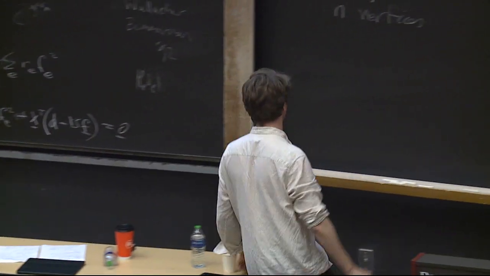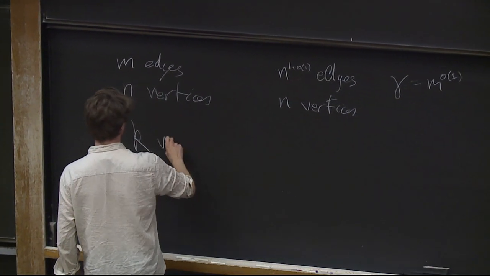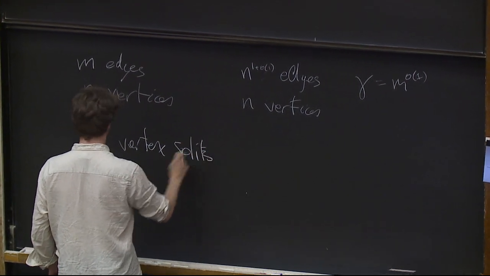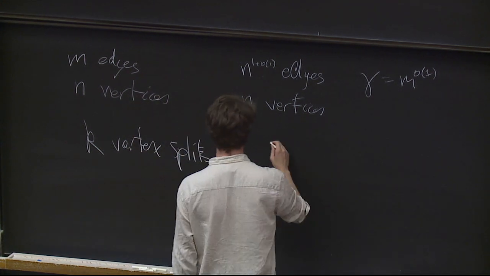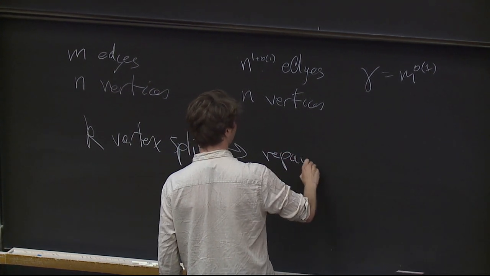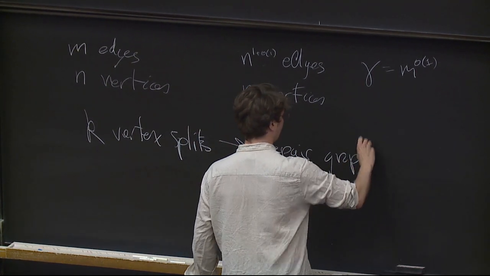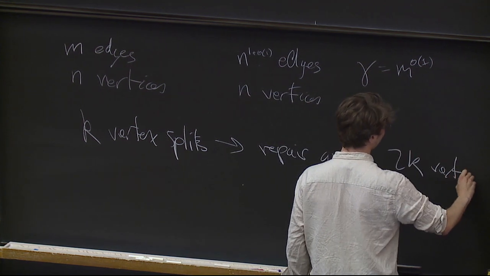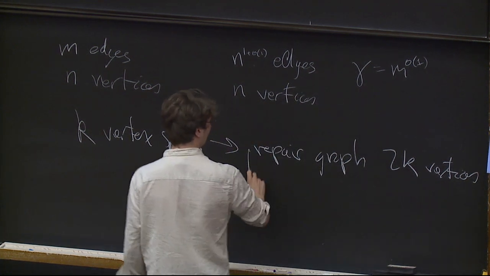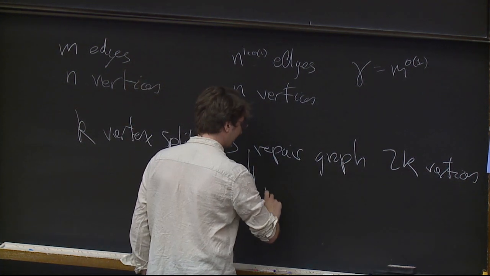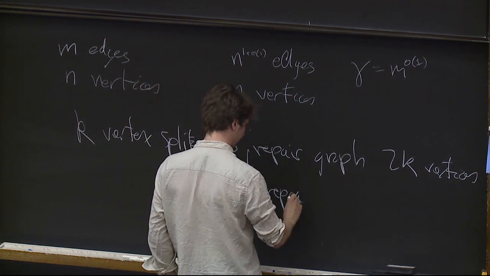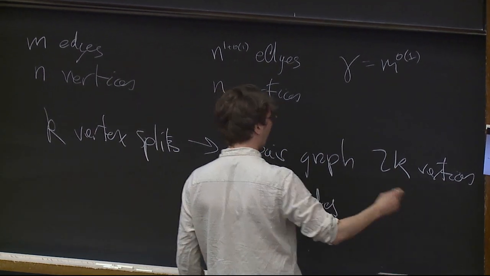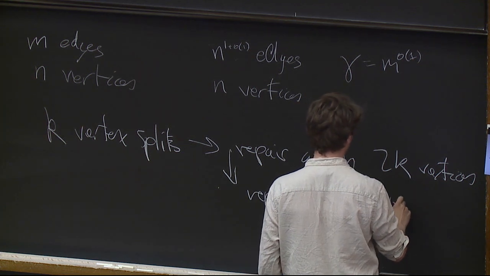Then my little repair graph has 2k vertices, but my repair edges are only 2k to the 1 plus little o(1).